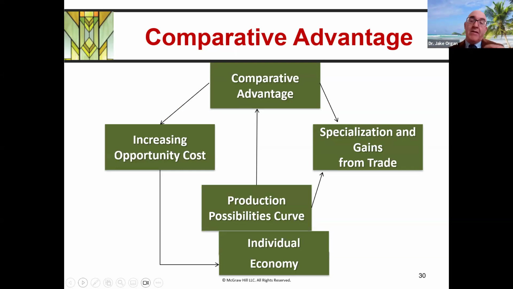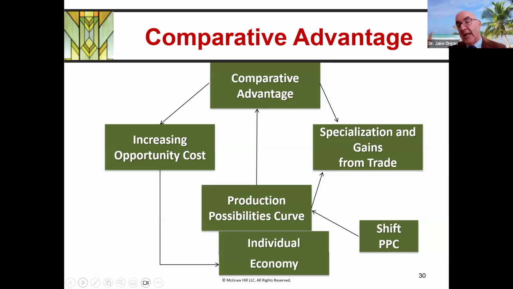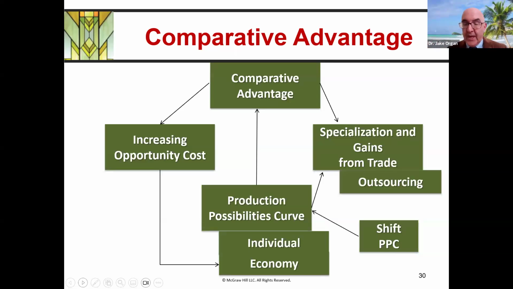And you realize that comparative advantage leads to increasing opportunity cost. By completely specializing in one area, the opportunity cost will be rising. But also at the same time, the production possibilities frontier can change as things become more efficient.